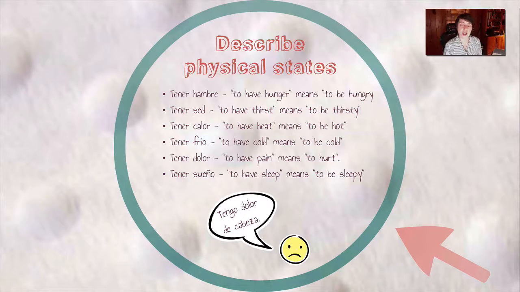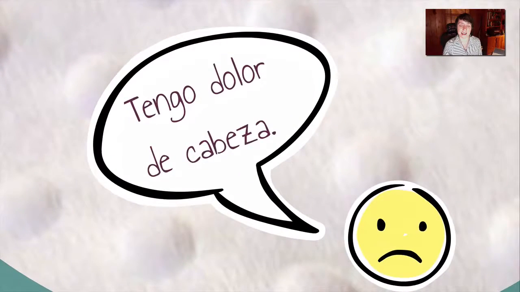Tengo sueño. I'm sleepy. Tengo dolor de cabeza. I have a headache. And any other part of your body that aches, just put in that part instead of cabeza. Tengo dolor de cabeza. I have a headache.